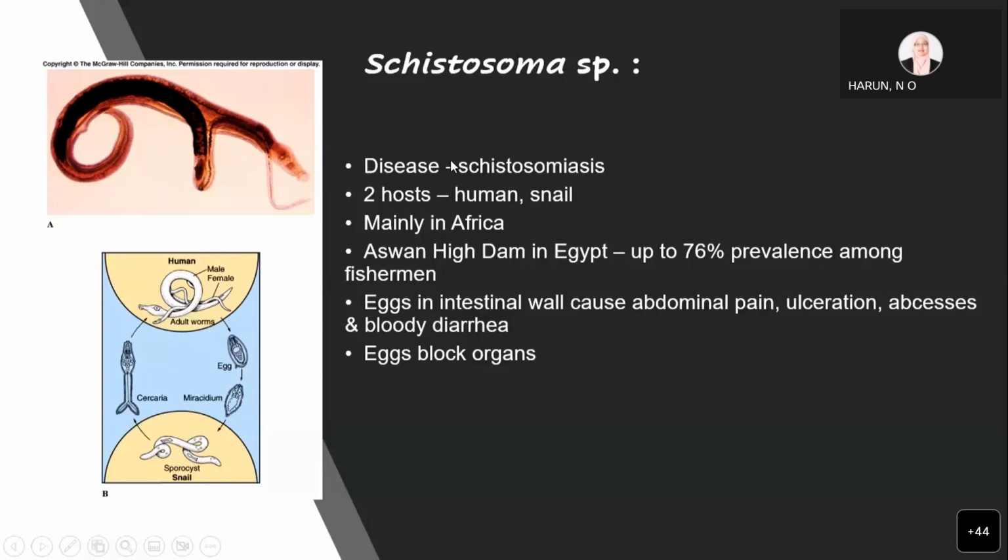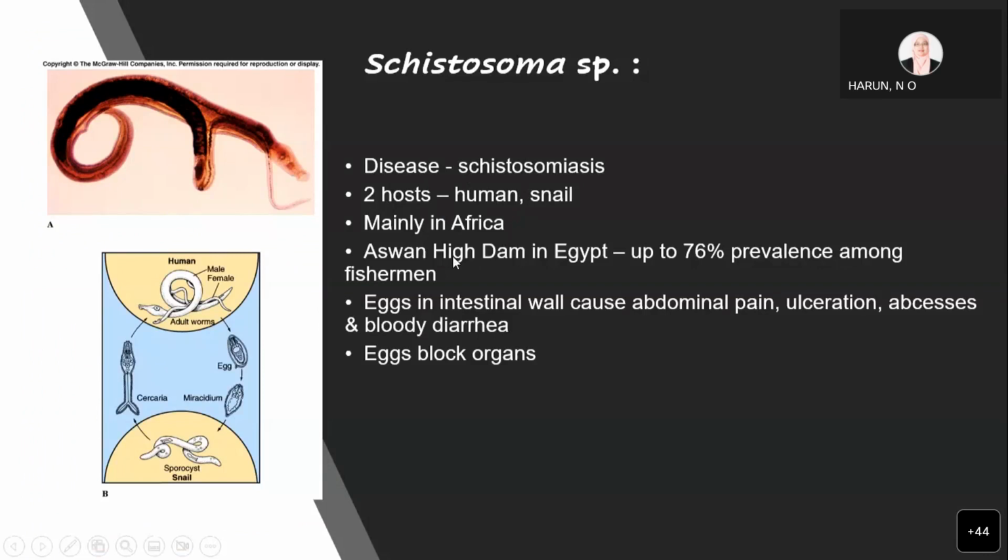For the group Trematode, another species is Schistosoma. The disease is called Schistosomiasis. There are 2 hosts, human and snail. Again, the snail becomes the intermediate host.